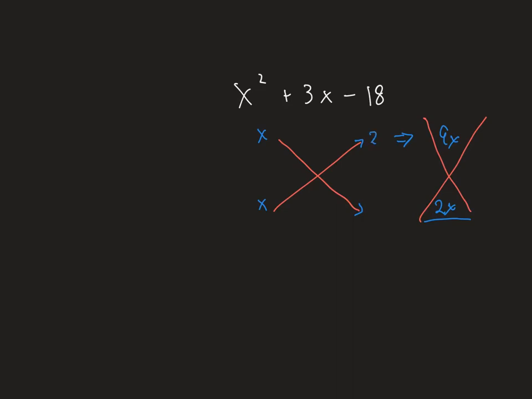Let's go 2 and 9. So this would give me 2x and 9x. Well, that didn't work. Still giving me the same thing. So this factor does not work.